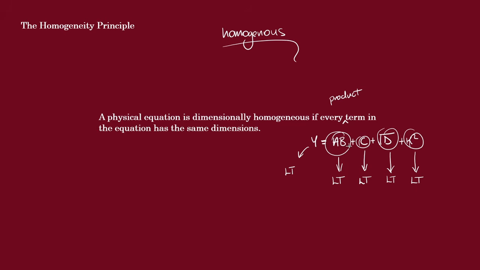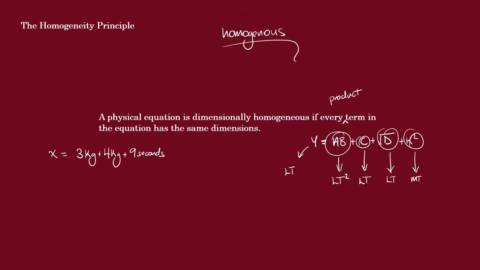If this does not hold, let's say AB is LT squared and K is MT, what are we implying? It's like trying to say, what is the sum of, let's say X is 3 kg plus 4 kg plus 9 seconds.